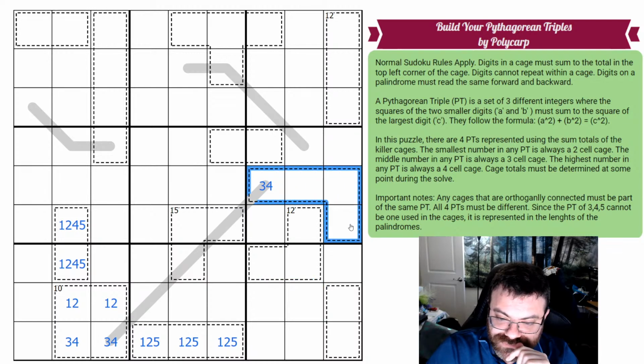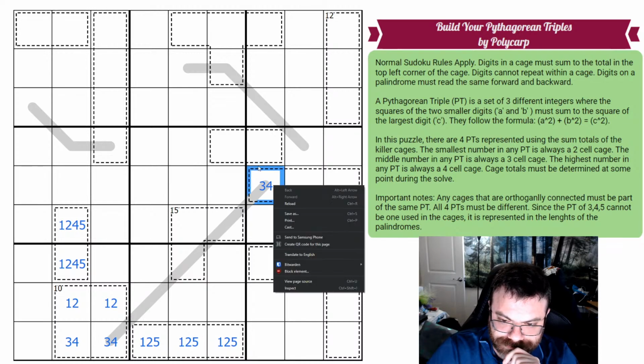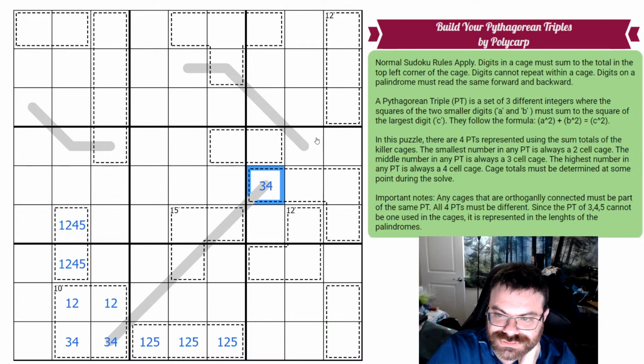So 15 and 4. Well, it's not super helpful.